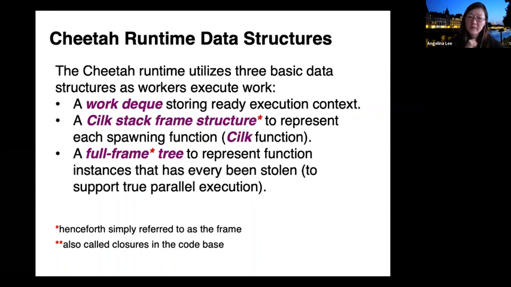And so whenever a function has been stolen, we need to keep track of additional bookkeeping information in order to allow the runtime to manage that successfully. And so in this case, beyond the stack frame, which is a more lightweight data structure, the runtime also maintains what we call a full frame, where you basically have a full frame corresponding to each function instance that has been stolen, so that we can maintain the extra bookkeeping to enable the actual parallel execution. Okay.